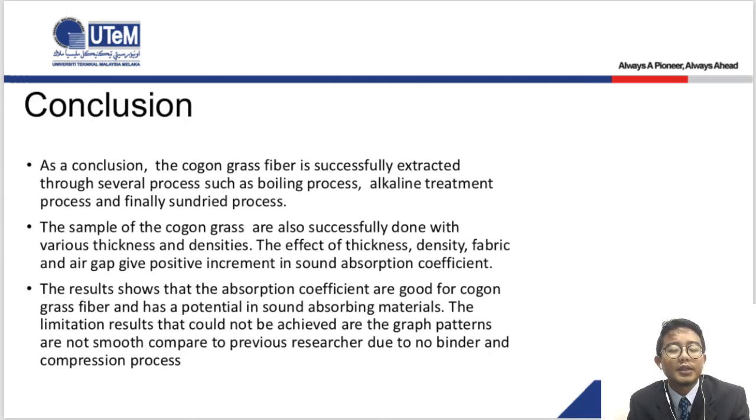The result shows that the absorption coefficient is good for COGON grass fiber and it has potential as a sound absorbing material. The limitation is that the graph pattern is not smooth compared to previous research due to no binder and compression process.